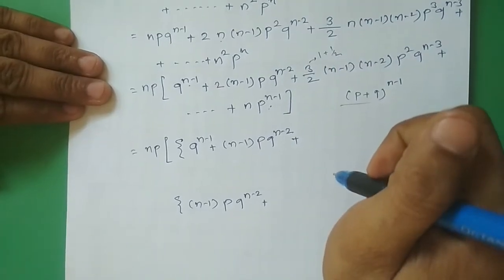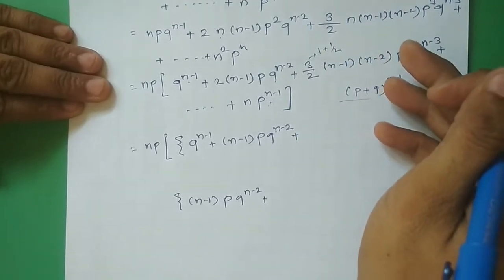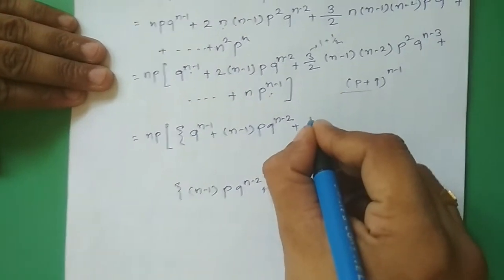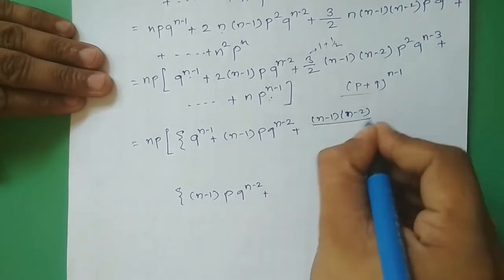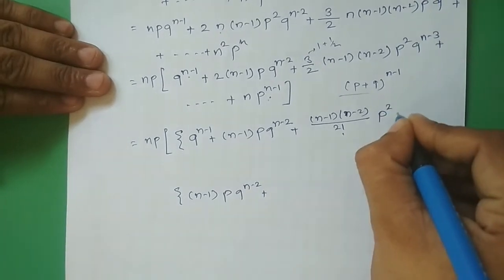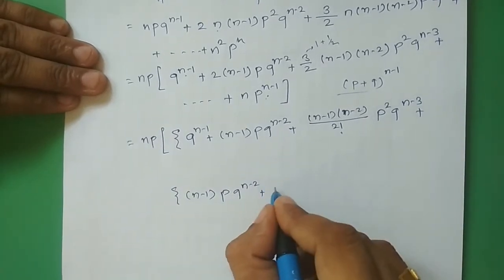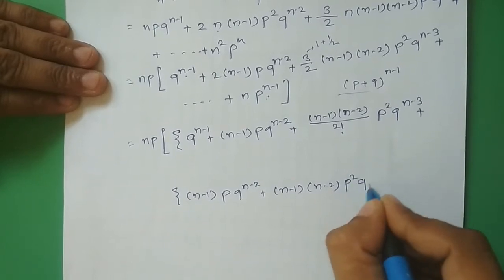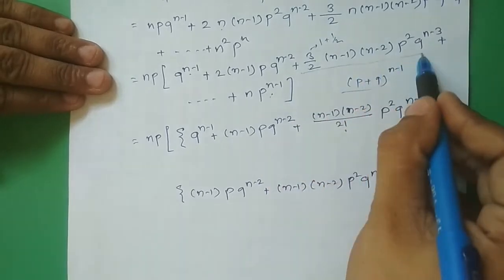So we are writing the half term over here, and we are writing the whole term in this separate bracket. So it's n minus 1, n minus 2 upon 2. This 2 is nothing but you can say also 2 factorial. Okay, p square q raised to n minus 3. Okay, and the remaining complete terms we are writing over here, that is n minus 1, n minus 2 p square q raised to n minus 3. So again, if you add these two terms, then you are going to get the same term.